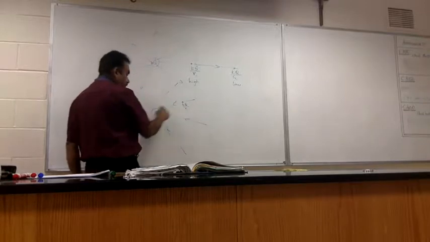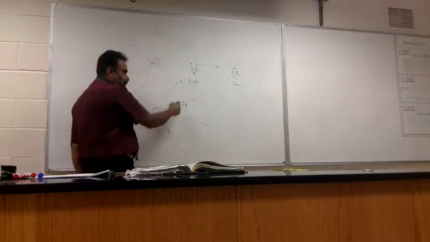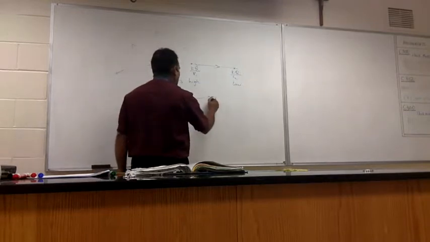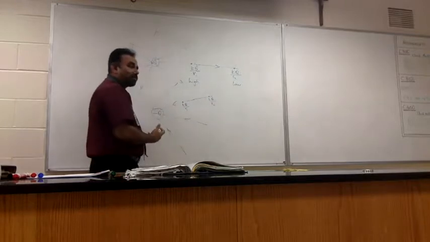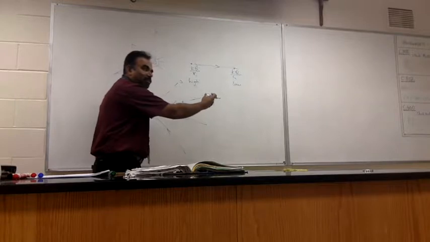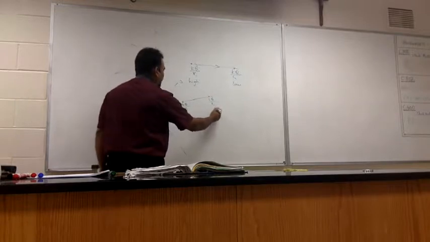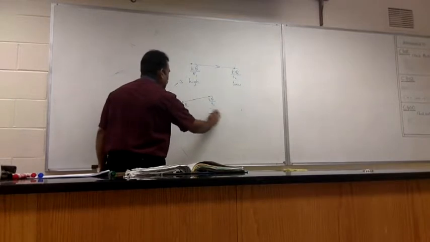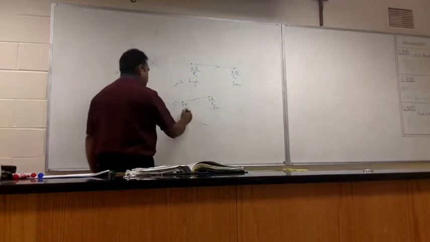Now, remember, this Q is a negative value, so the whole value is going to be negative. And here is going to be KQ over R2, and that's going to be a negative value too. So this is going to be a smaller negative value, right? So it's going to be like negative 50, and this is negative 100.